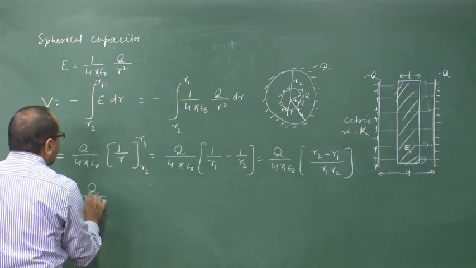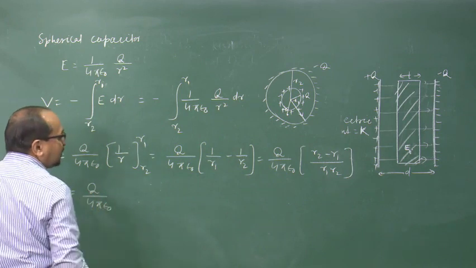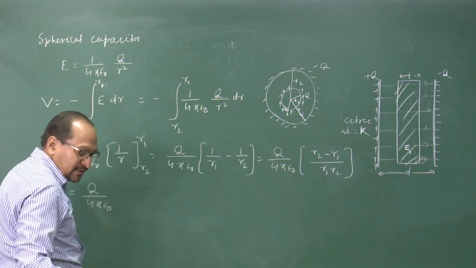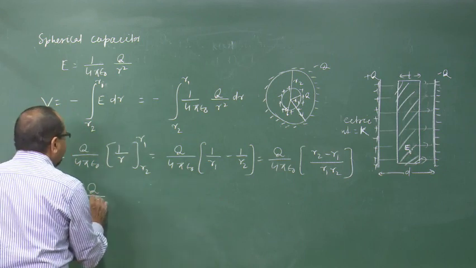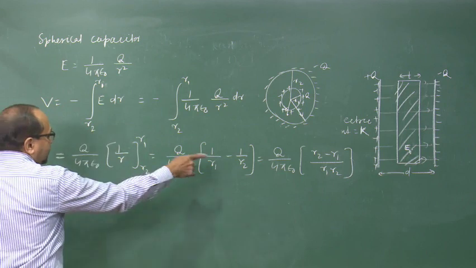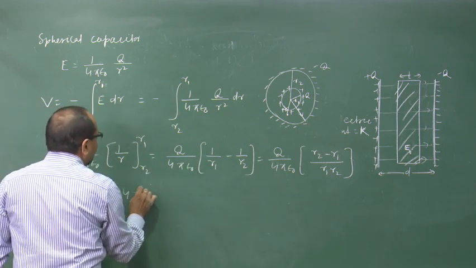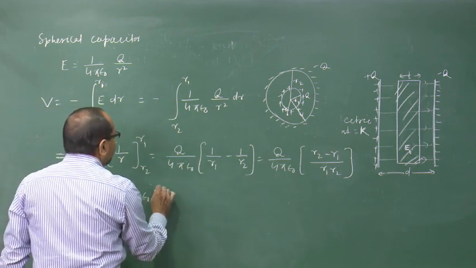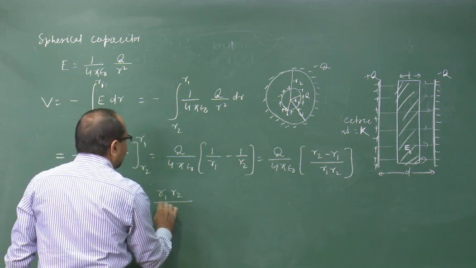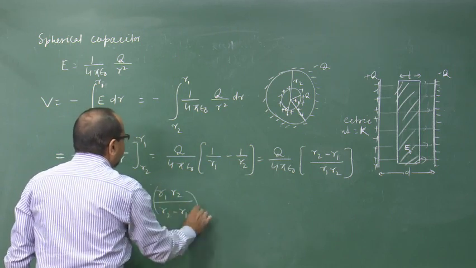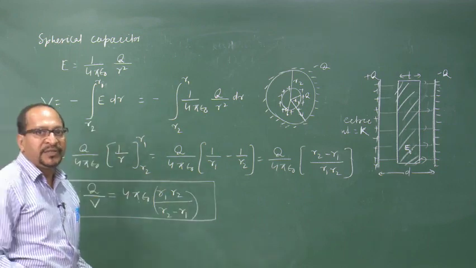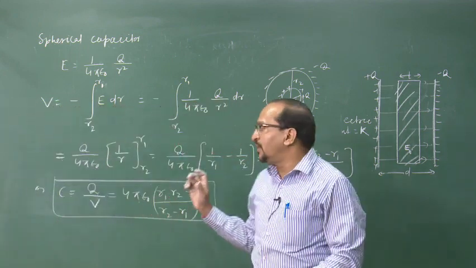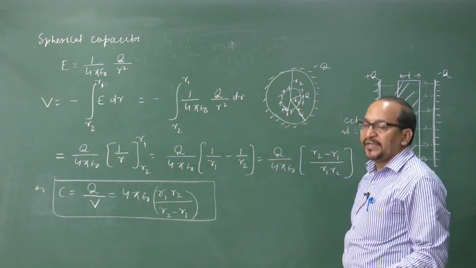Sorry, the capacitance of the capacitor C is equal to charge by potential difference, q by V. From this equation q by V becomes equal to 4 pi epsilon naught into R1 R2 divided by R2 minus R1. This is the capacitance of a spherical capacitor when the space between the spheres is filled with air.